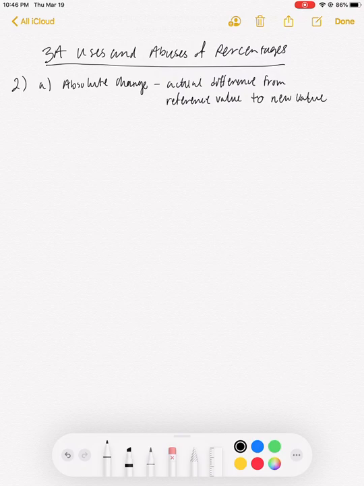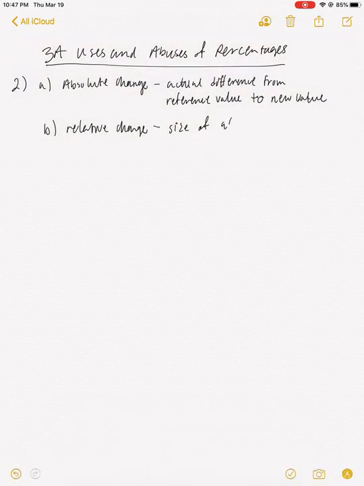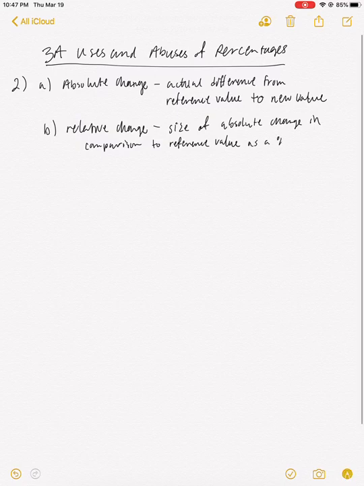The next one is relative change. The relative change is the size of the absolute change in comparison to the reference value, expressed as a percent.